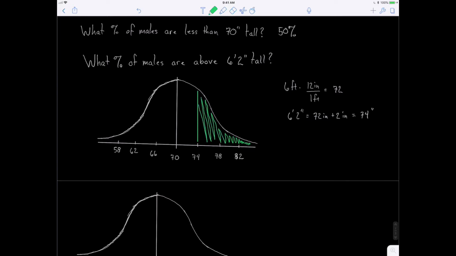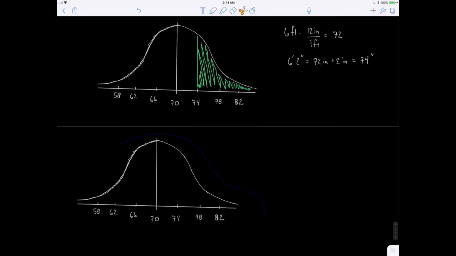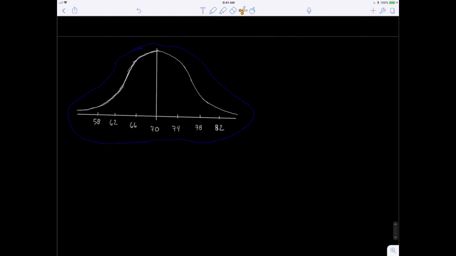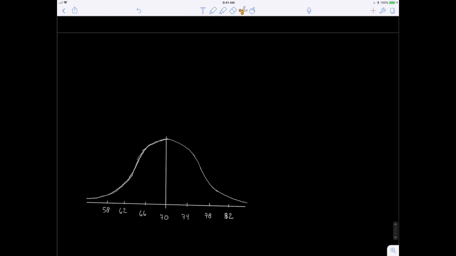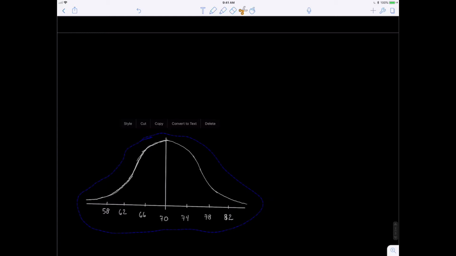All of these people are above 74 inches tall. So I'm going to move this back down, down here, okay.